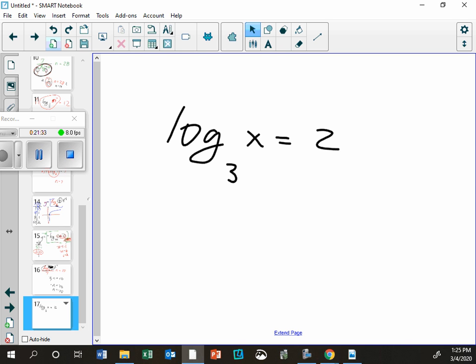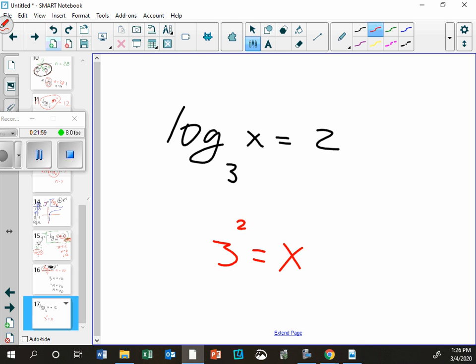That'll be the most important skill of the test. You'll probably have to rewrite on at least 3 of the problems on the test. I'm thinking maybe 4 or 5 of them. There'll be a rewrite involved. What's the rewrite? 3 to the 2 equals x. And if you can't solve it from there, there's not much I can do to help you. x is alone. Answer's 9.